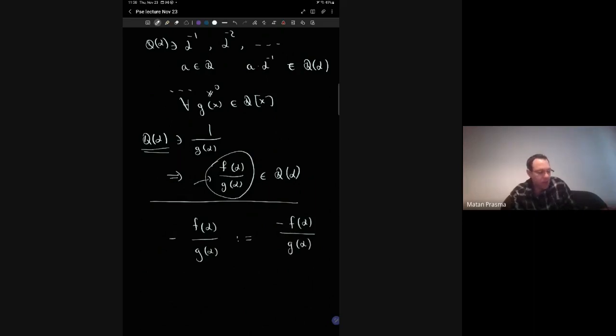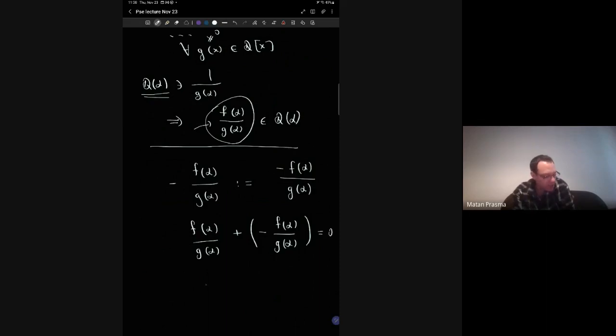Of course, by the way we defined the addition operation, if you do f of alpha modulo g of alpha, and you add to it minus f of alpha modulo g of alpha, you get the zero element.